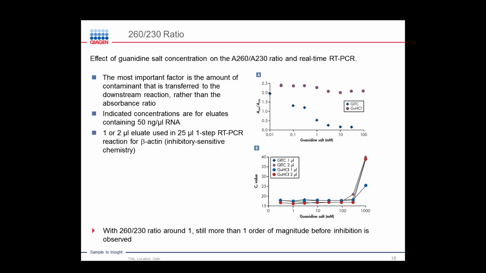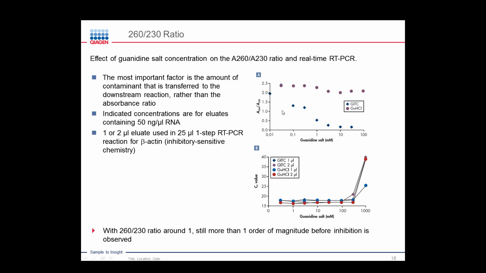In this experiment, we tested the effect of guanidine salt concentration on the 260/230 ratio and the downstream real-time RT-PCR application by adding the indicated amount of guanidine salts to the eluate and using an inhibitor-sensitive RT-PCR for beta-actin. The concentration of RNA in the eluate was always 50 nanograms per microliter.